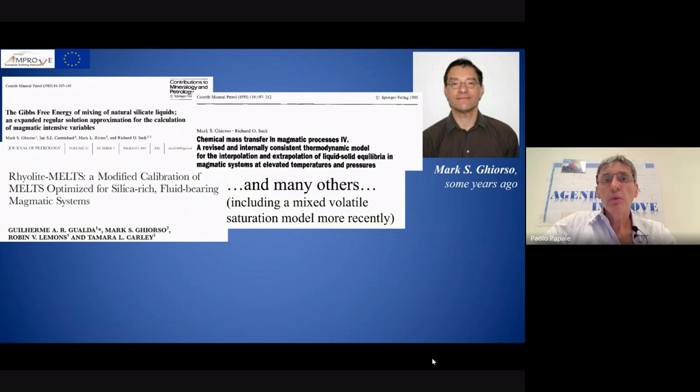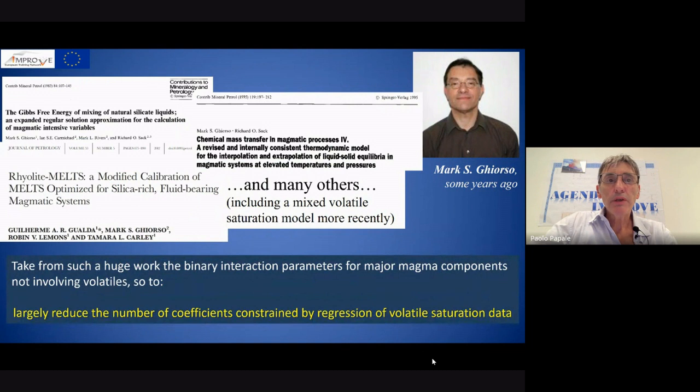In fact, what we can do is to employ the coefficients of interaction between all possible pairs of non-volatile components in silicate melts, described by 10 major oxides, and concentrate our efforts in estimating, through regression of the water and carbon dioxide saturation data, only the parameters involving these two volatile components.